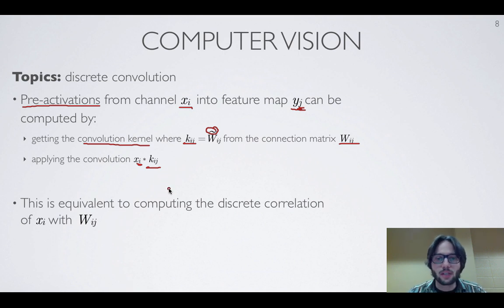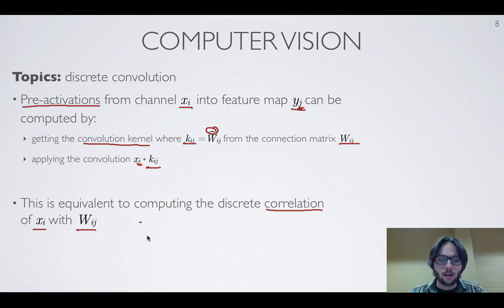There's another type of signal processing operation known as the correlation, which actually corresponds to doing essentially what I've described before, but without flipping rows and columns. So it would be exactly the discrete correlation between xi and my matrix of connections.